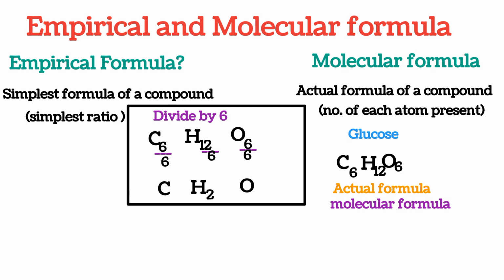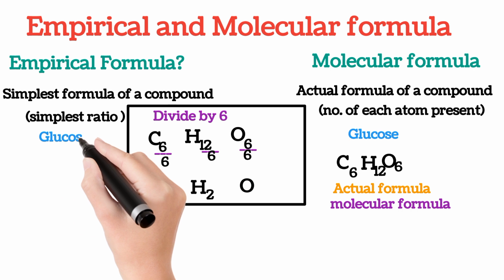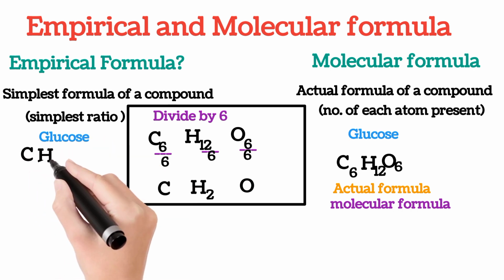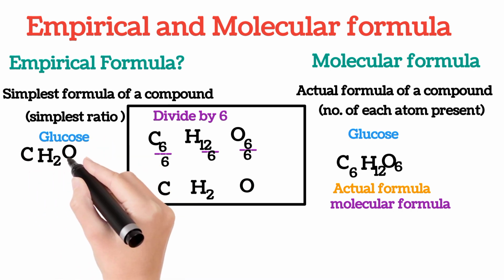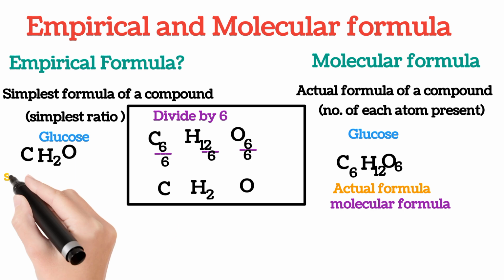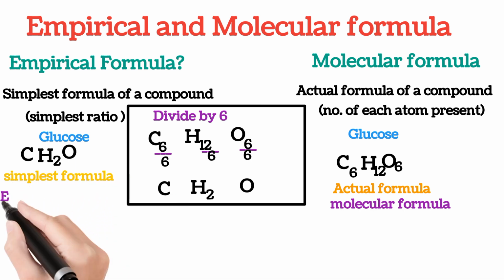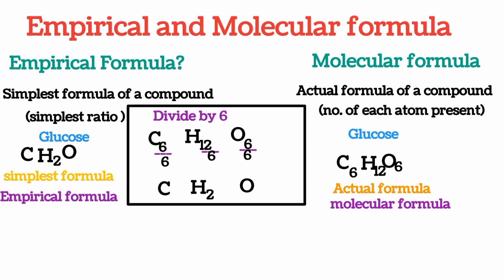And this will leave us with a simple ratio of atoms for glucose, which will be CH2O. This simplest formula of glucose is actually the empirical formula for glucose. So the simplest formula of any compound is the empirical formula, while the actual formula is the molecular formula.